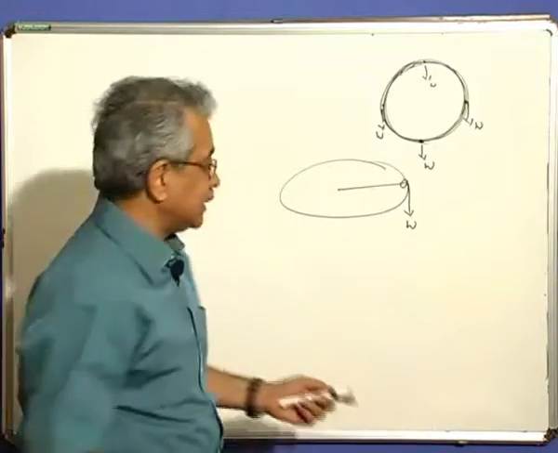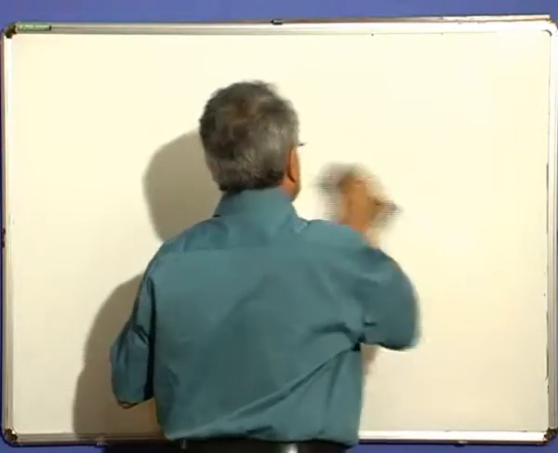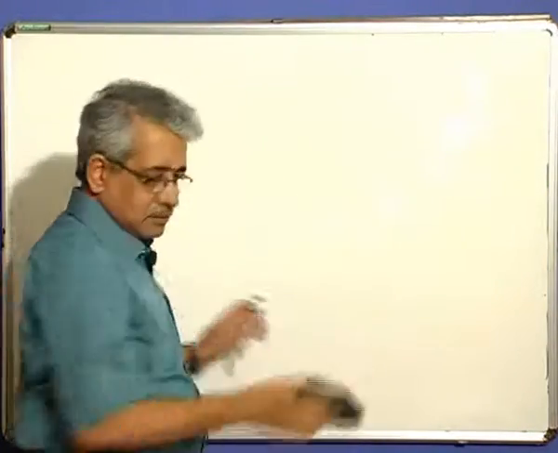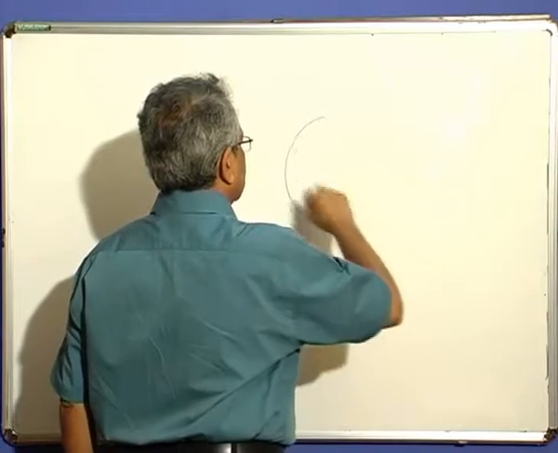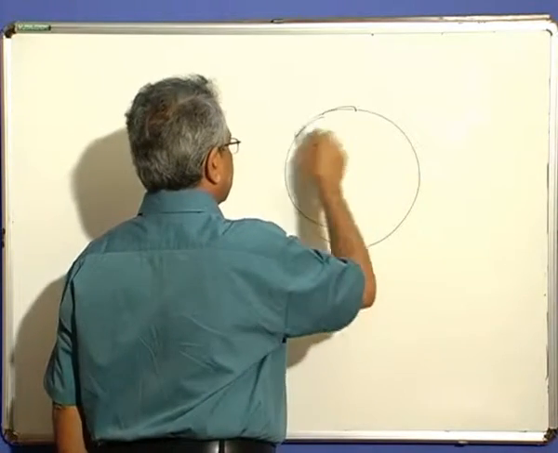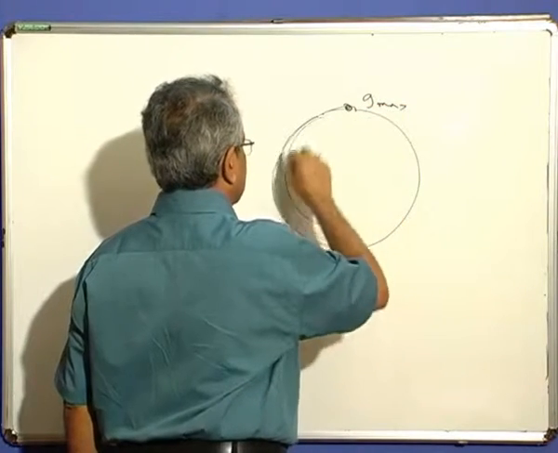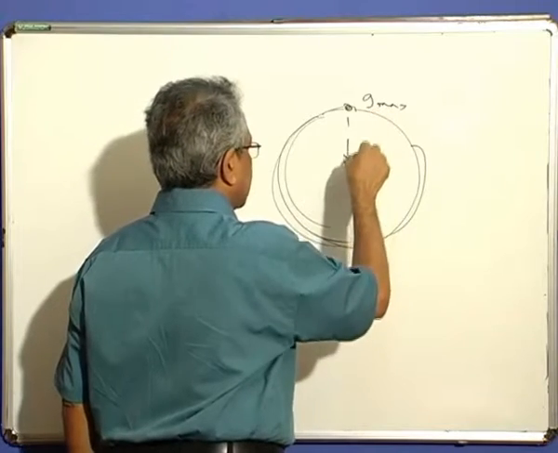We take the example of the body on the surface of the earth. The value of g is maximum on the surface. If you go into the earth, the value of g goes on decreasing.